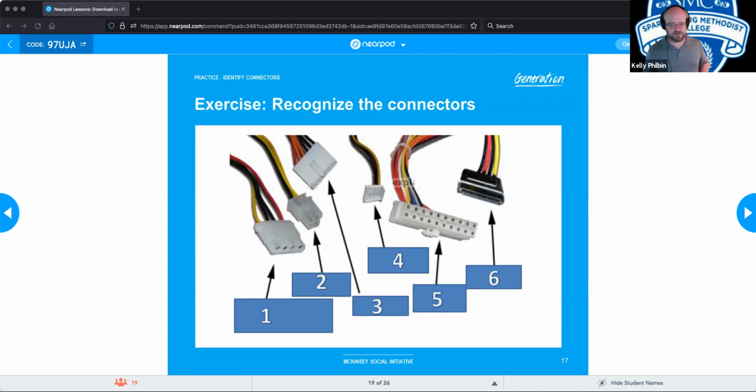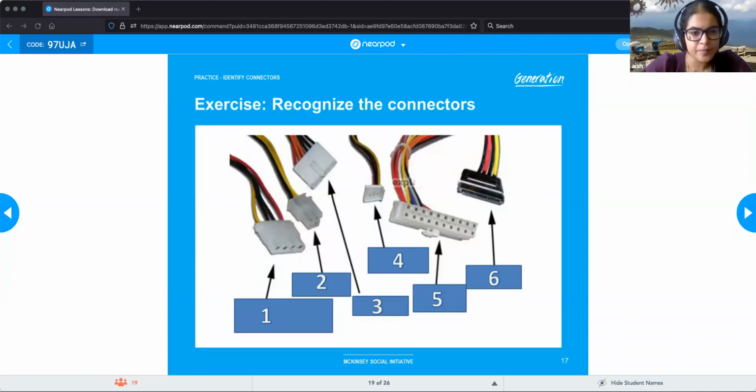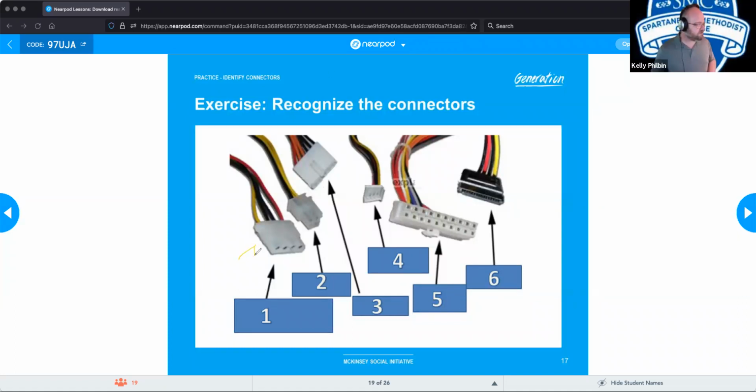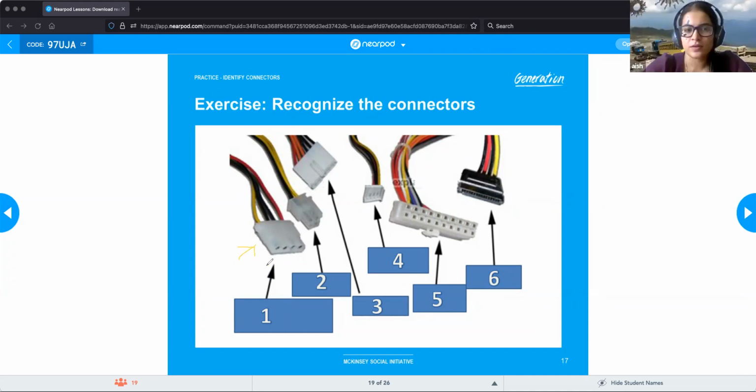Ash, can you please give us number 1? It's a PSU 4-pin. This one right here? Yeah, this one.